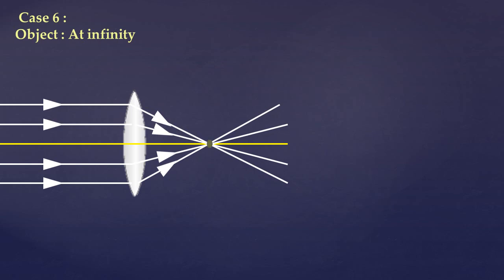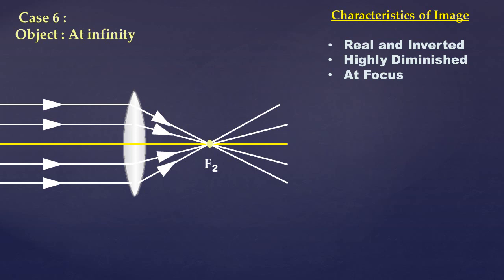This point is called the focus. So the image is formed at focus F2. It is highly diminished, but it is a real image because it is formed by actual intersection of the refracted rays. So characteristics are real and inverted, highly diminished, and at focus. So these are the 6 cases for ray diagram or image formation by a convex lens.